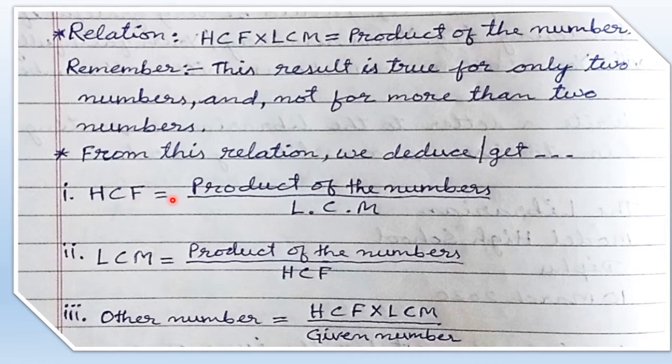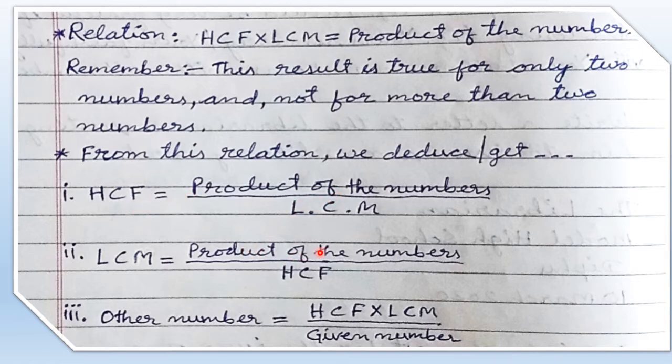So HCF will be equal to the product of the two numbers, that means first number into second number, divided by the LCM. The two numbers and LCM will be given while you will be asked to find HCF. At that time you will be using this relationship.